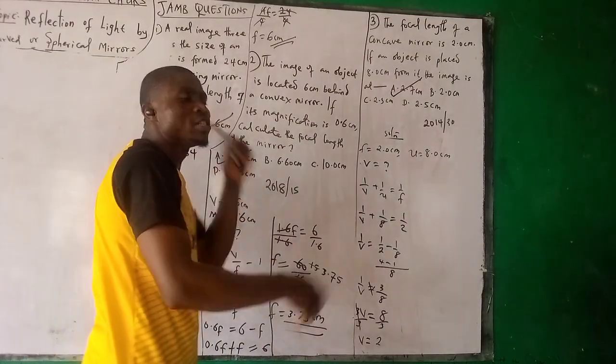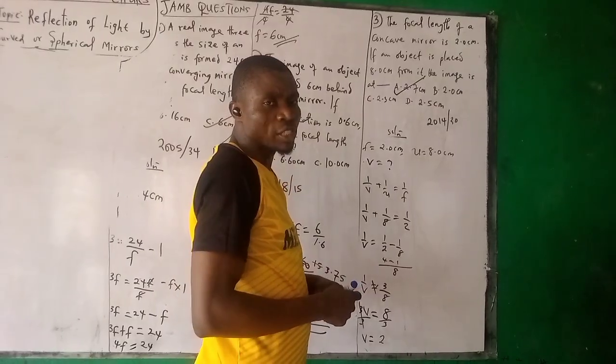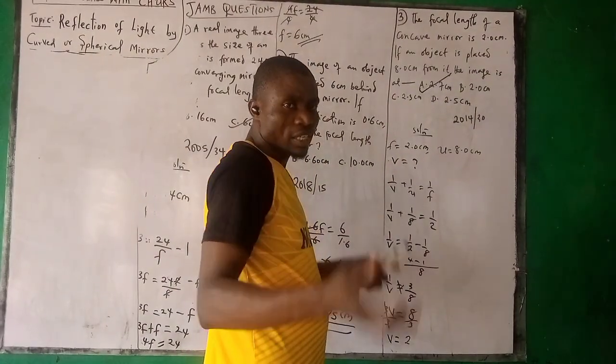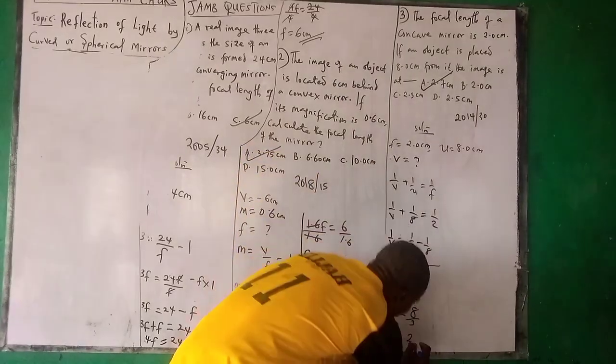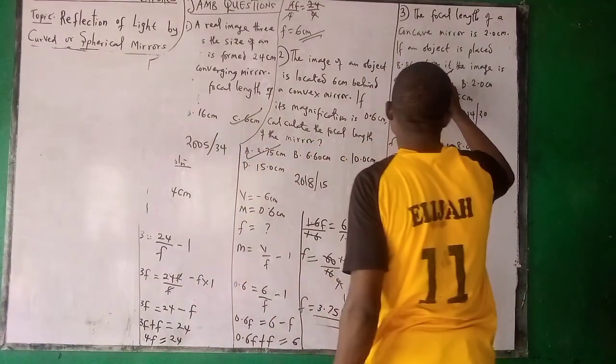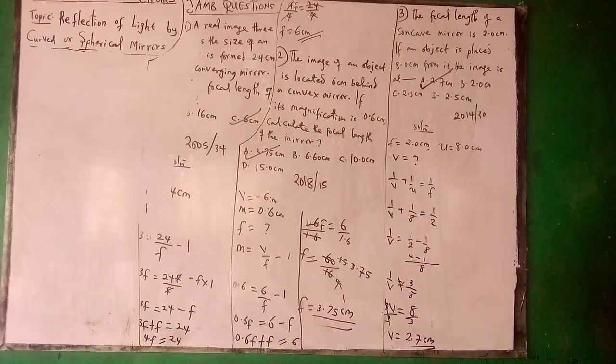You get 6 again. Now you round to 1 decimal place because all the options are in 1 decimal place. So it should be 2.7 cm, and that's option A. A is the correct one.